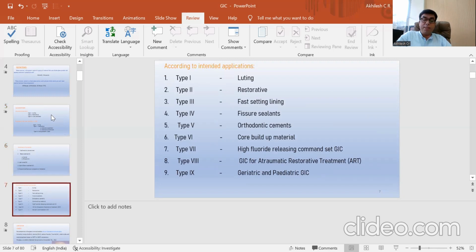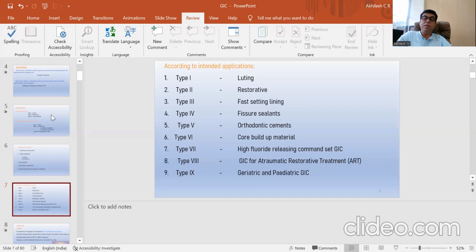Then according to the intended applications, there are 9 types. Type 1 is for luting, type 2 is for restorative, type 3 is fast setting lining, type 4 is fissure sealants, type 5 is orthodontic cements, type 6 is core buildup material, type 7 is high fluoride releasing command set GIC, type 8 is GIC for atraumatic restorative treatment, and type 9 is for geriatric and pediatric GIC.